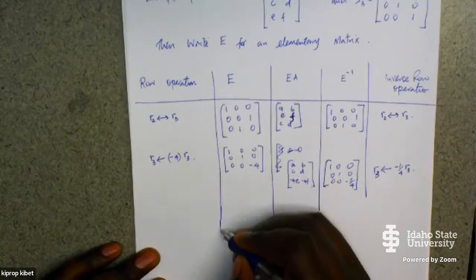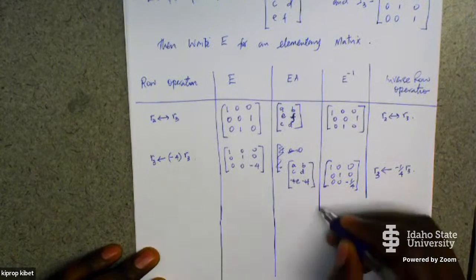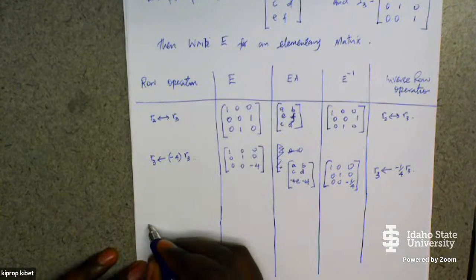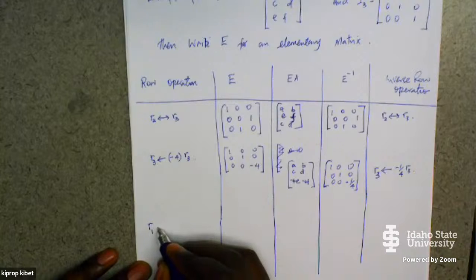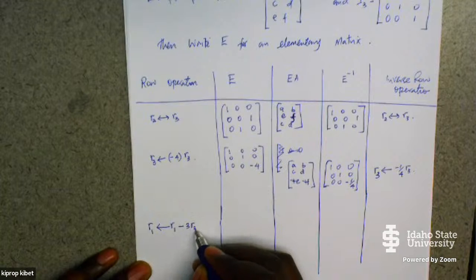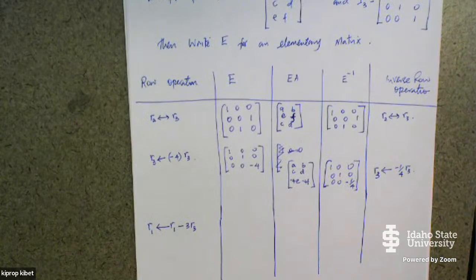Okay. Now, if we take the last one, if we take R1 minus 3 R3, we want to get the new R1. So let's subtract 3 R3 from R1 to get the new R1.